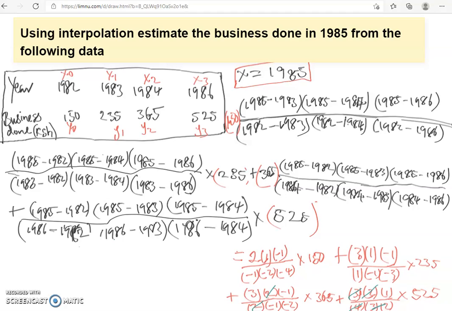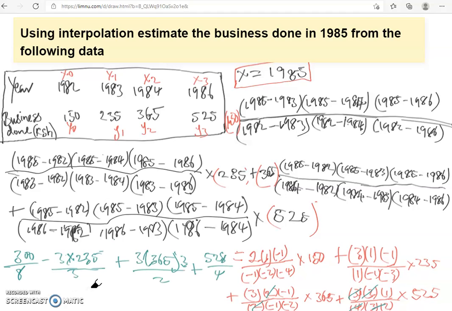So once we do our simplification, 300 by 8 will give you 37.5. Here we will get 23 because we can just cancel these 2. Then we have 235. If we add these, the final answer will simply be 481.25, and this will be the estimated business done in 1985.